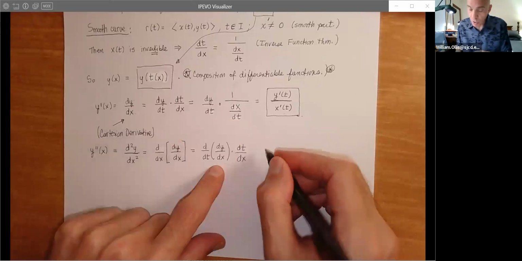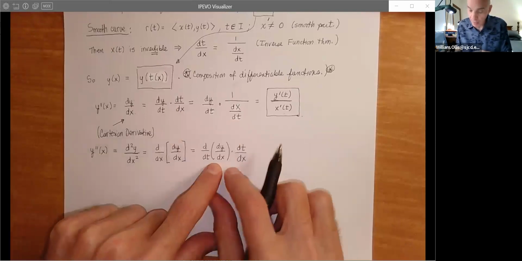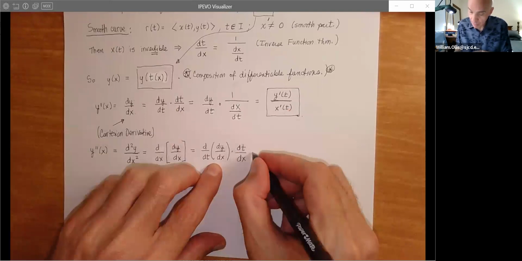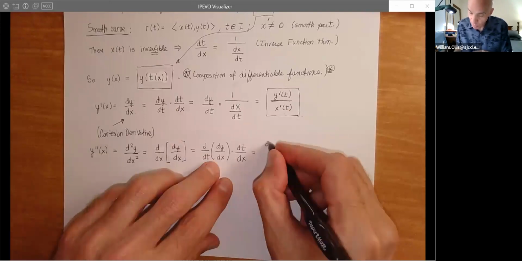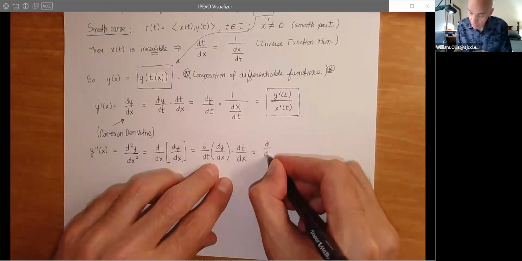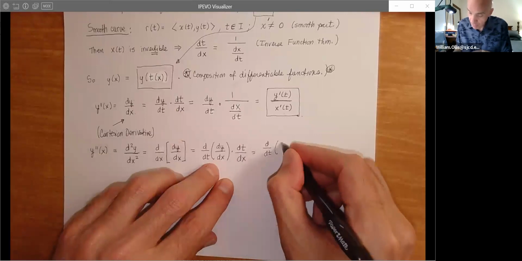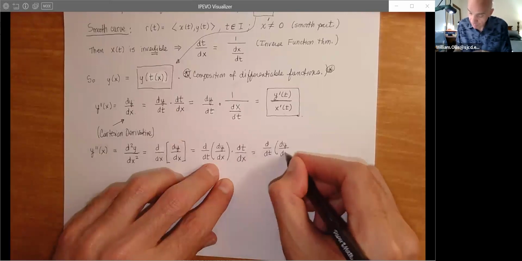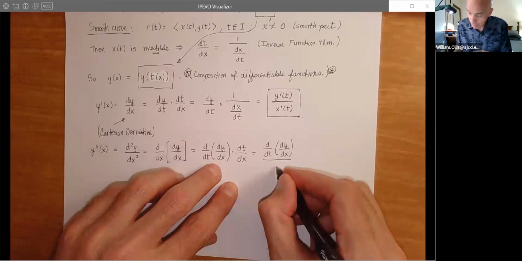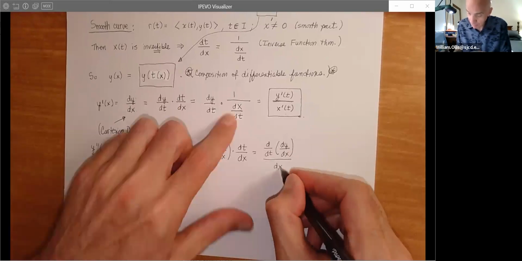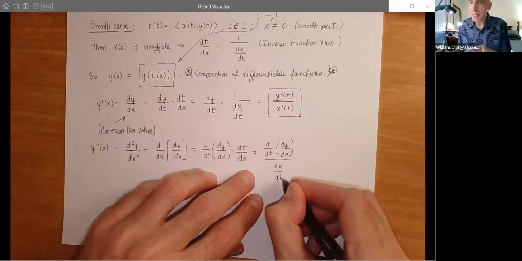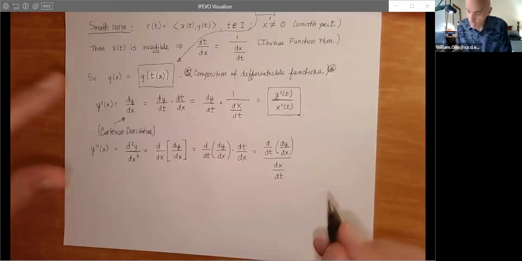So what we're doing is we're iterating this. Let me just go ahead and fill this in. This will just be the derivative of t of dy dx divided by dx dt. And so now we get the second derivative, so to speak.